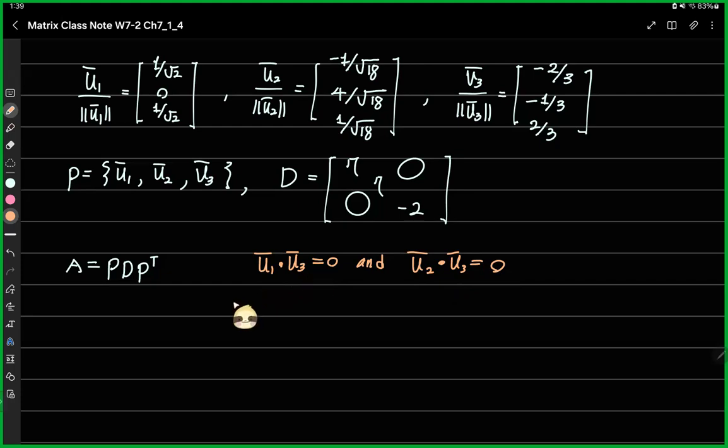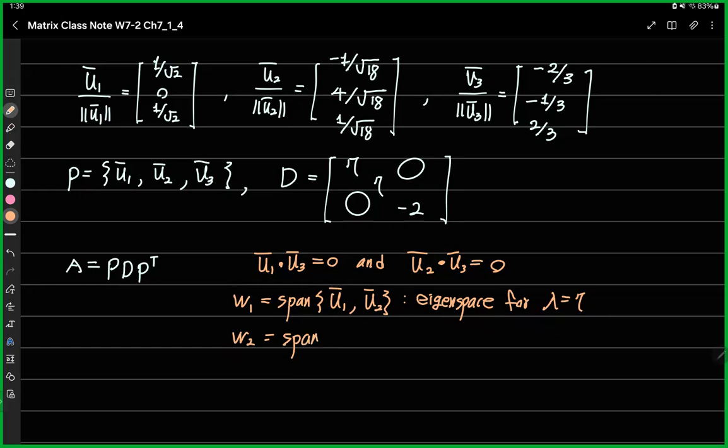Let's say W1 is spanned by U1 and U2, which is the eigenspace for lambda equals 7. Let's say W2 is the subspace spanned by U3, which is the eigenspace for lambda equals -2.